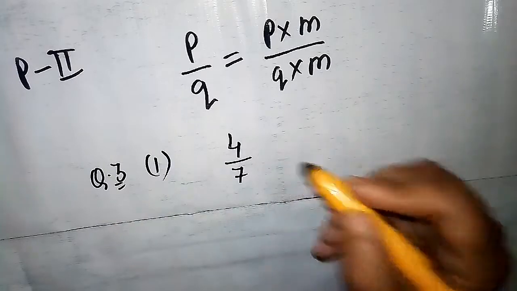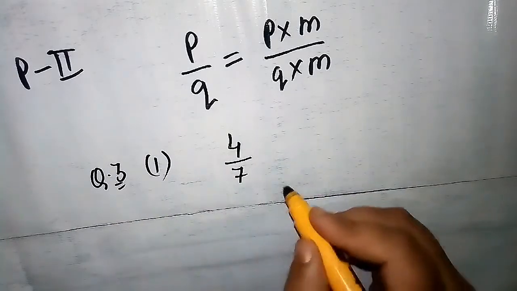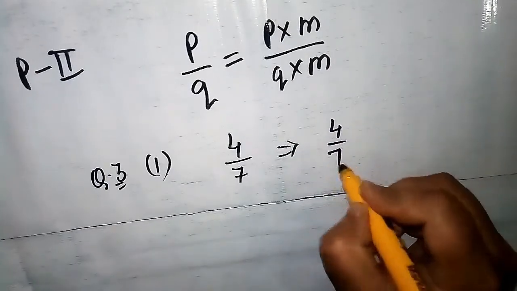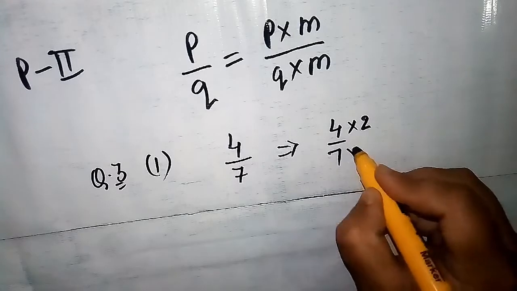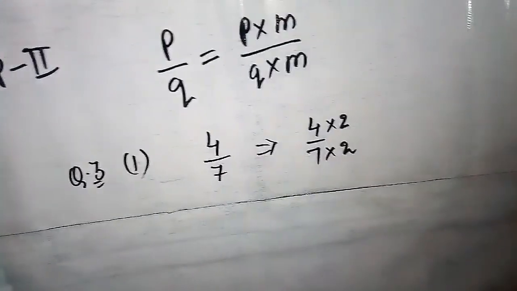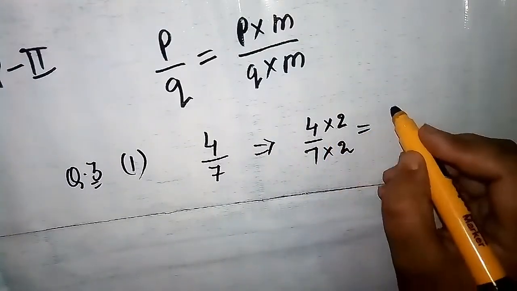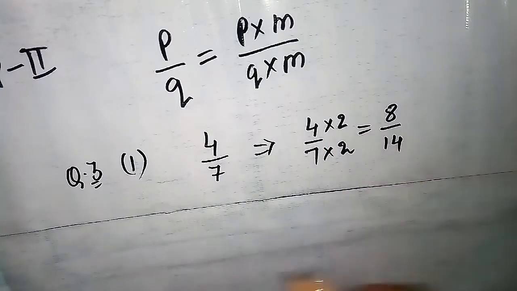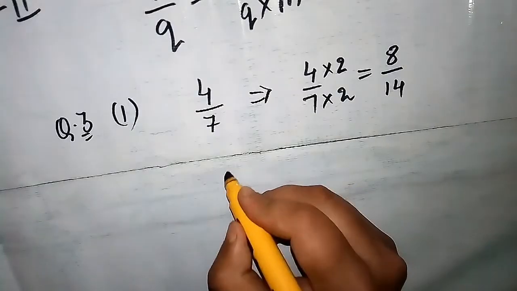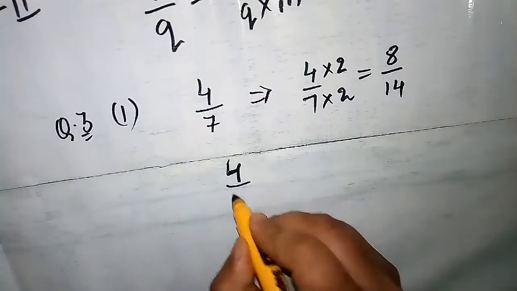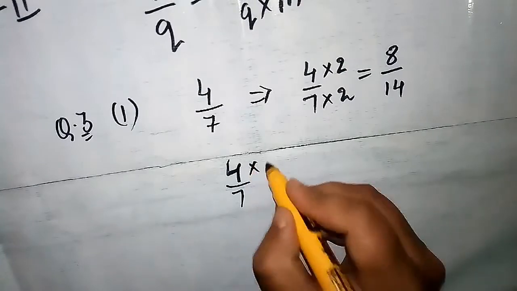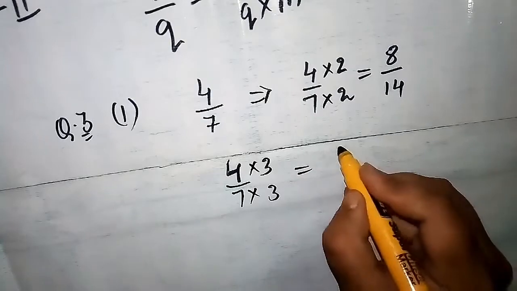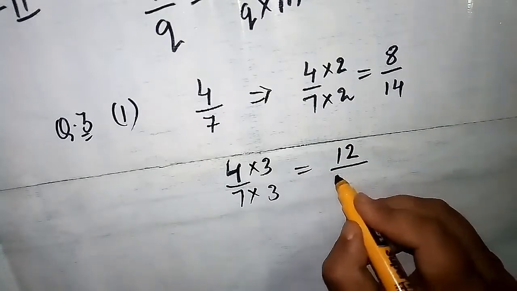Now how do we obtain equivalent rational numbers to 4/7? I told you, you can obtain them by multiplying the same number in numerator and denominator. So first of all I am multiplying by 2. So 4 2s are 8 and 7 2s are 14. We need 3 equivalent rational numbers, so let us multiply both numerator and denominator by 3. 4 3s are 12, 7 3s are 21.